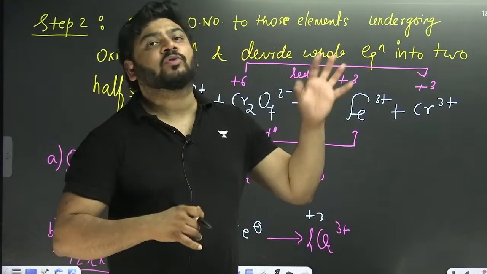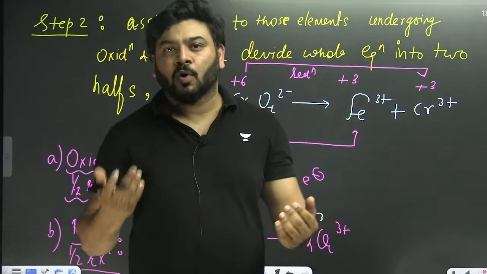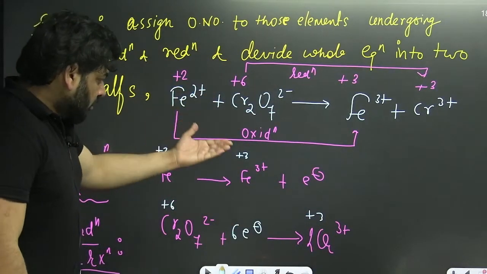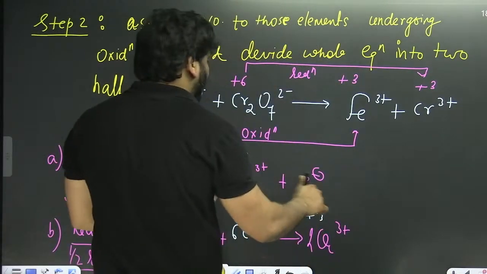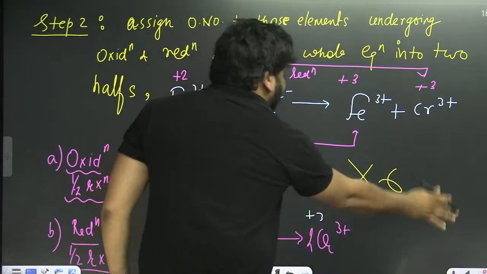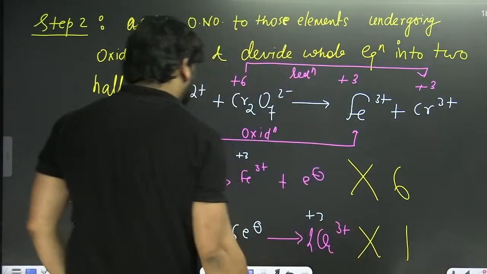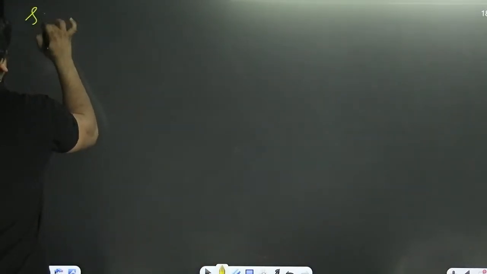Now you multiply both of the equations by suitable numbers so that you can make electrons equal in both: lost equals gain. So lost is 1, multiplied by 6, and multiply the other by just 1, and then add it. So I will write step number 3.